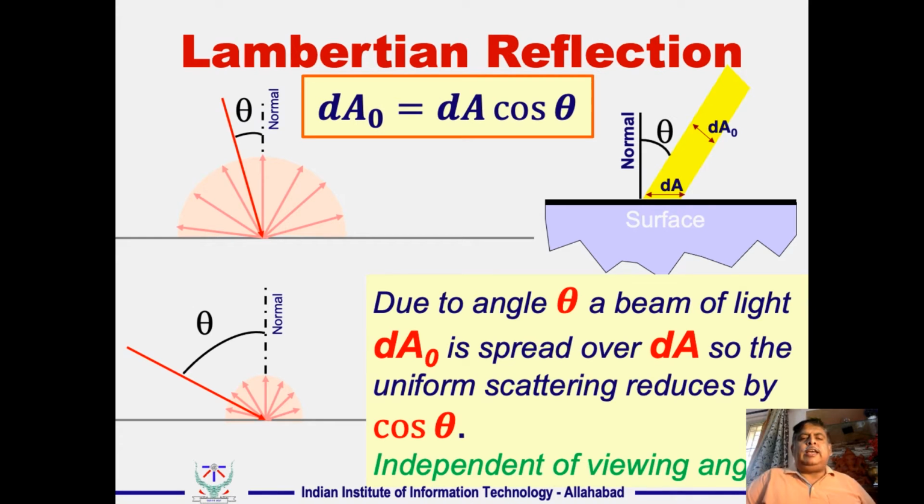So what you see here, the scattered radiation that you will see will be attenuated by an angle theta.